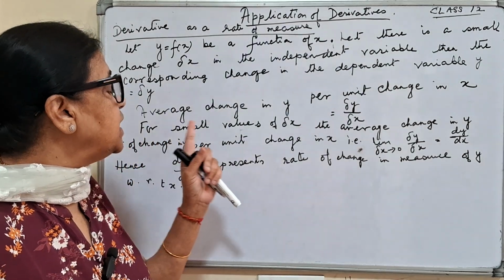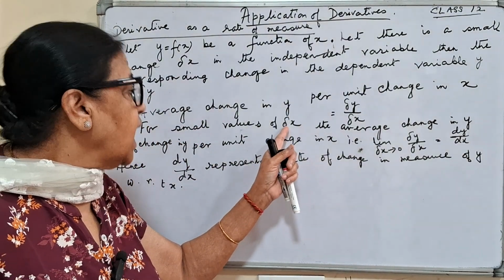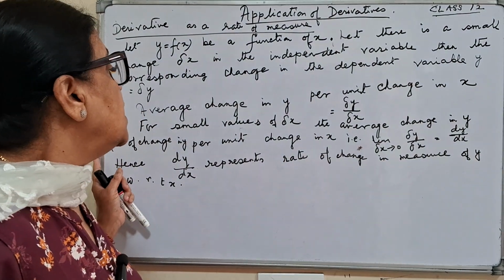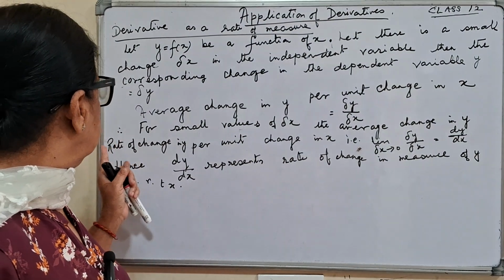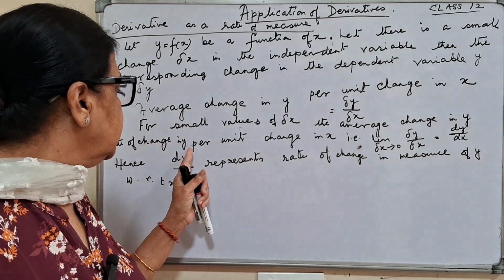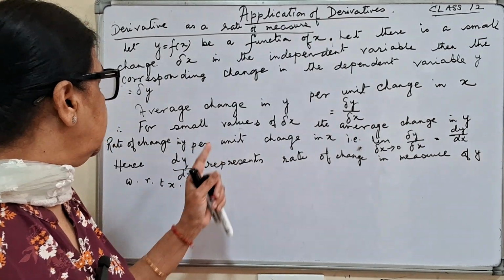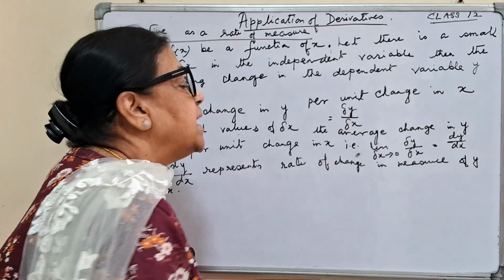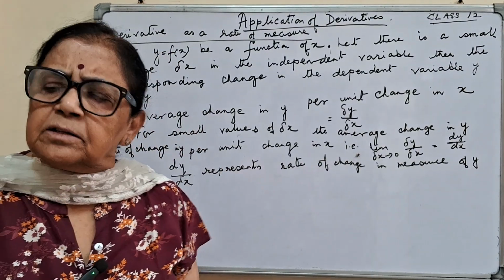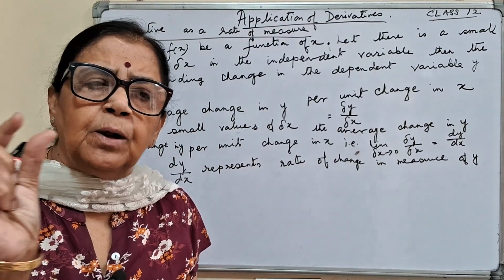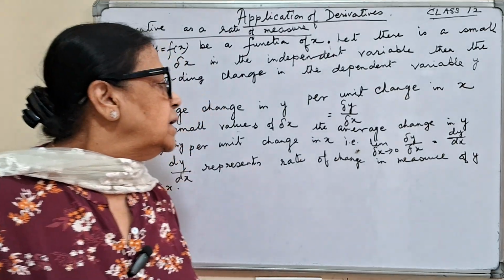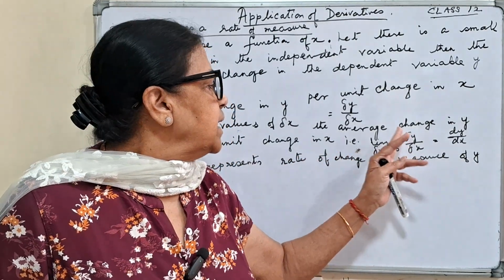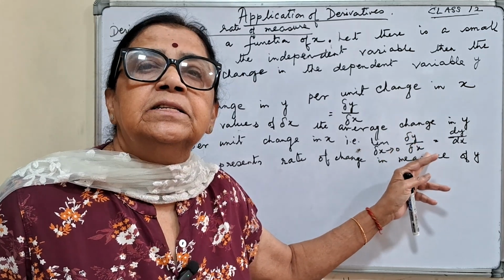For a small change delta x, the average change in y, that is the rate of change in y per unit change in x, is the limit as delta x tends to 0 of delta y by delta x.